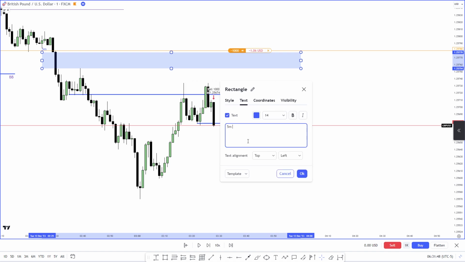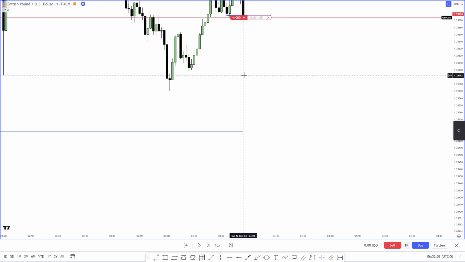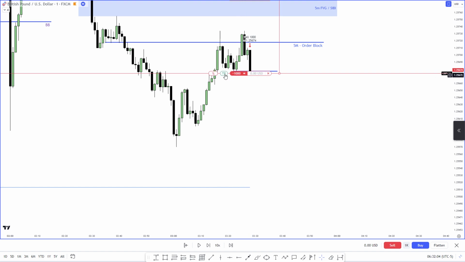So we can see 5-minute fair value gap slash CB, sell side imbalance, buy side inefficiency, right? So say right there. Our target is initially the low right here, right?